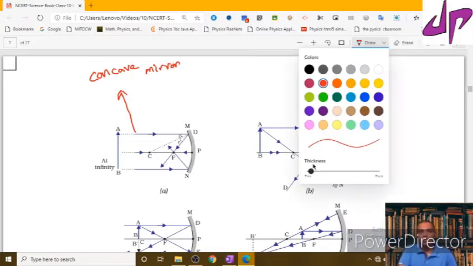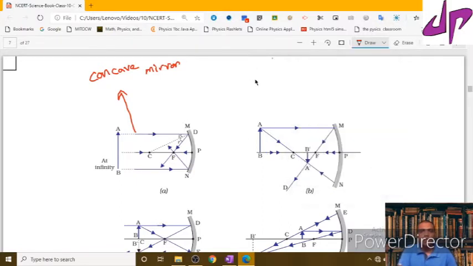Any spherical mirror is formed from a sphere. So this concave mirror is formed from a sphere. Why am I drawing the sphere of the concave mirror? Because we need to apply the Cartesian sign convention for the focal length also. You can see here the focal length of a concave mirror.